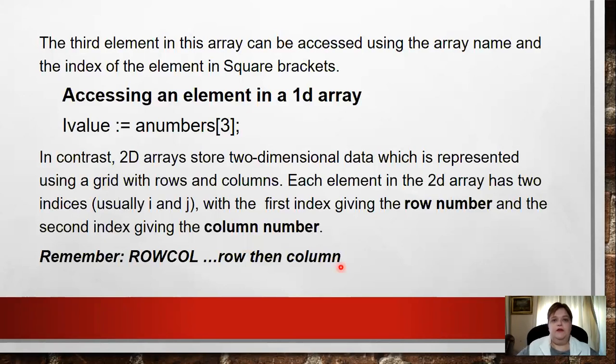Quite a few times in the exams, the grade 12s have lost their marks simply because they first gave me the column and then the row, and then the data that comes out from that is incorrect. So then you end up losing marks. So keep saying to yourself, row column. Okay, so I and J is row, then column.